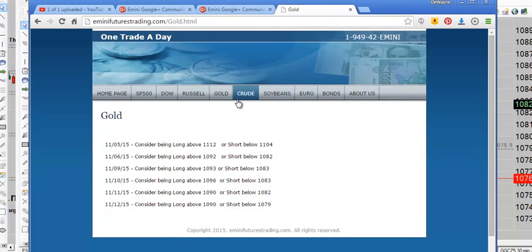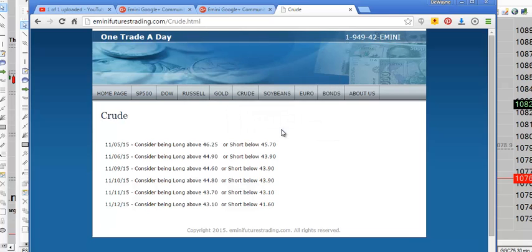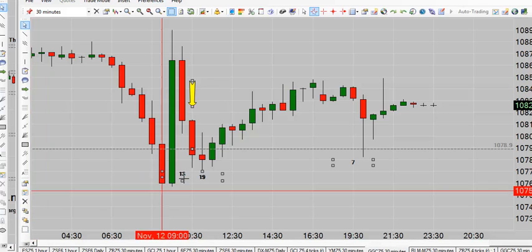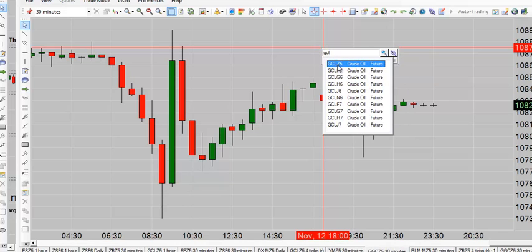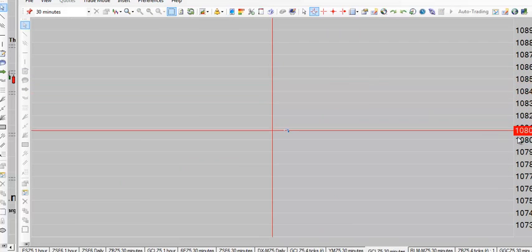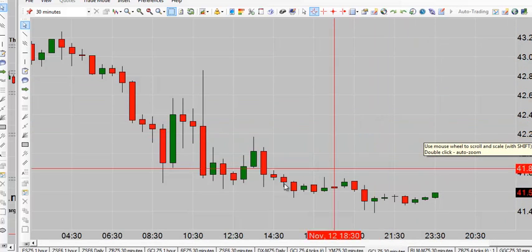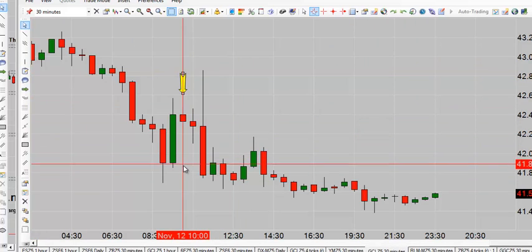Okay, after gold comes crude. Username, password, crude oil. November the 12th, long above 43.10, short below 41.60. Remove all drawing objects. Turn the chart into a crude chart. Okay. There we go. 1030 candle. Got to find that. Is that it?